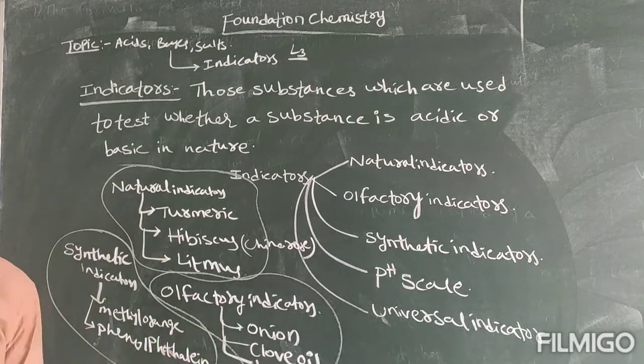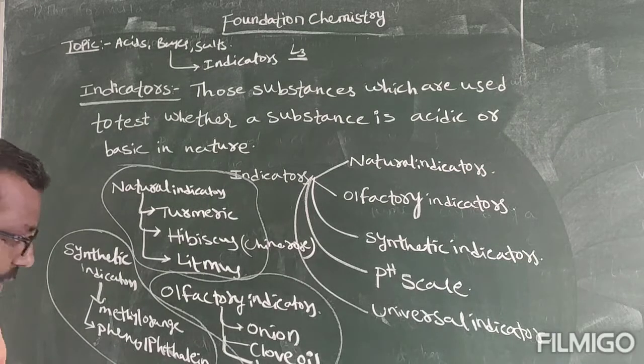And olfactory indicators means which change their smell. Okay, odor. That's why they are called as olfactory indicators. Onion will change its smell when it passes through the base. Clove oil also the same, and vanilla also same.